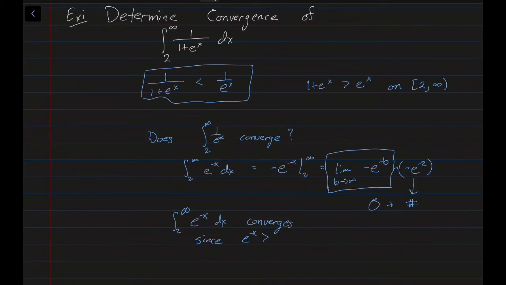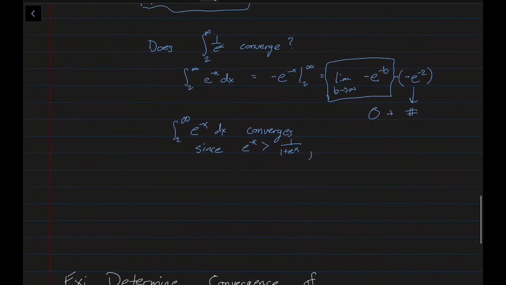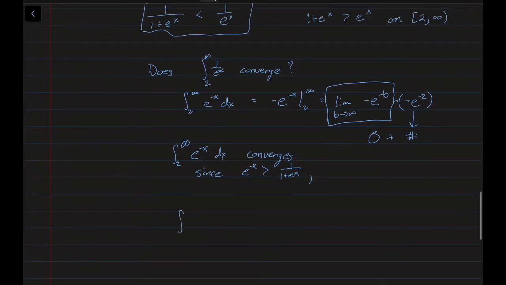And since e to the negative x is always bigger than 1 over 1 plus e to the x, what we have is that the integral from 2 to infinity of 1 over 1 plus e to the x dx also converges.